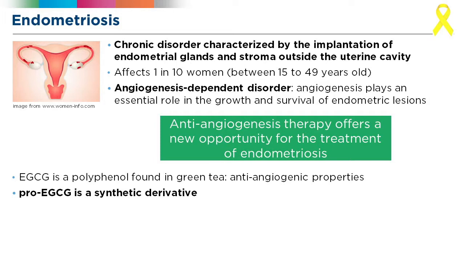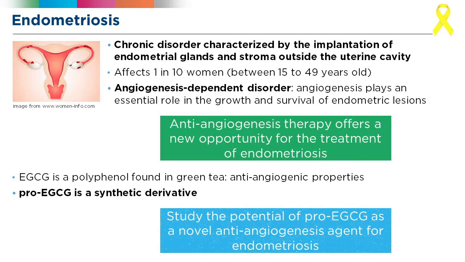The study focuses on characterizing EGCG, but also a synthetic derivative of EGCG, which is called pro-EGCG. The fact that this molecule is synthetic means it is more stable and easier to produce. So here we want to know whether pro-EGCG could be a potential and novel anti-angiogenesis agent for endometriosis.